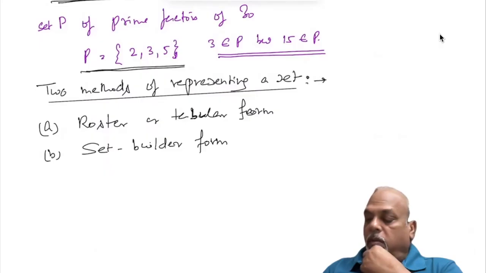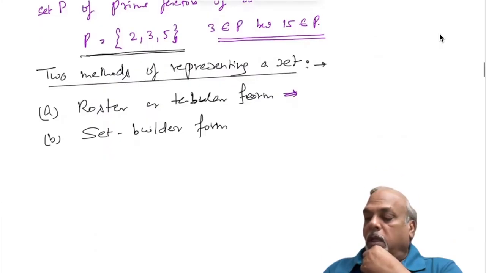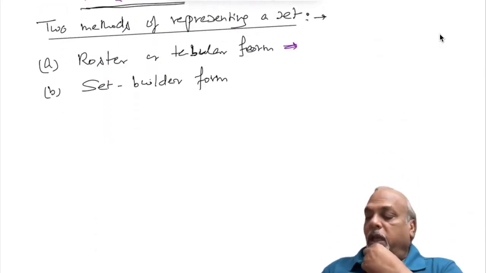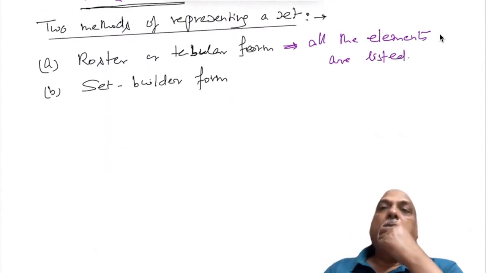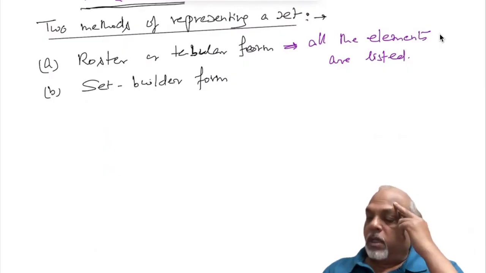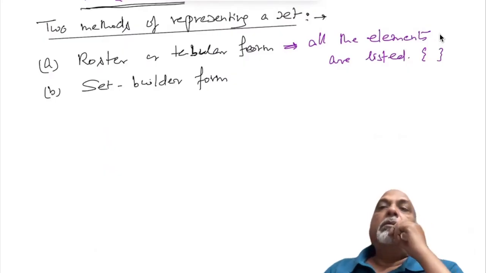In roster form, basically all the elements are listed and they are enclosed in this kind of bracket.